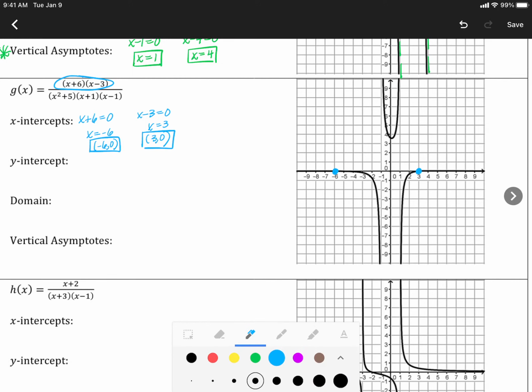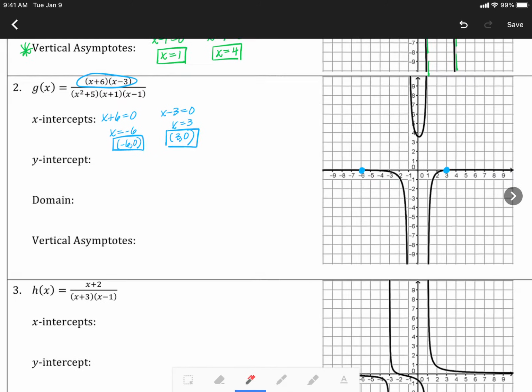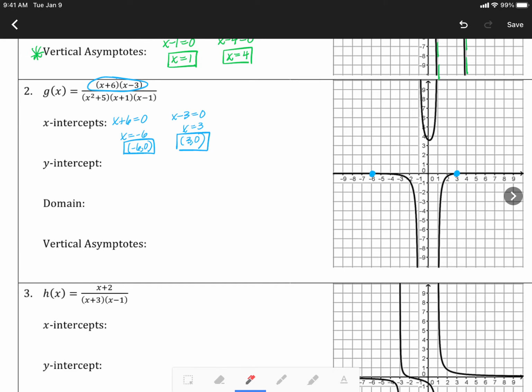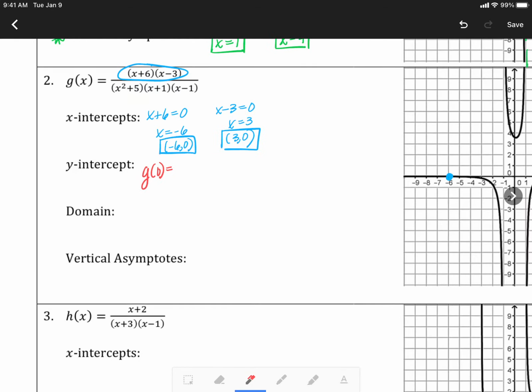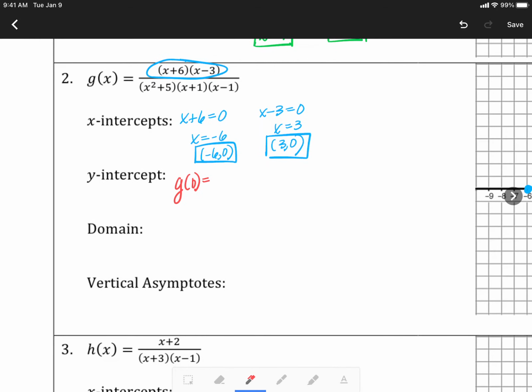So our y-intercept is going to be found by plugging 0 into the function. So I'm going to do g of 0, meaning I'm plugging in 0 for every single x. So that's going to be 0 plus 6, 0 minus 3, divided by 0 squared, which is just 0, plus 5, 0 plus 1, and 0 minus 1.